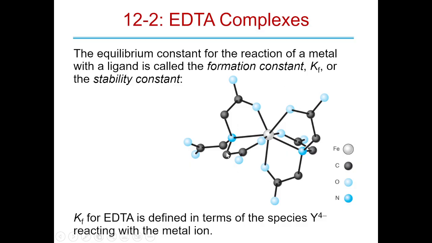This is EDTA, by the way, the Y4 minus form, binding to iron here. Do note that these are coordinate covalent bonds typically. They are not hydrogen bonds, okay? Or dipole bonds or anything like that.